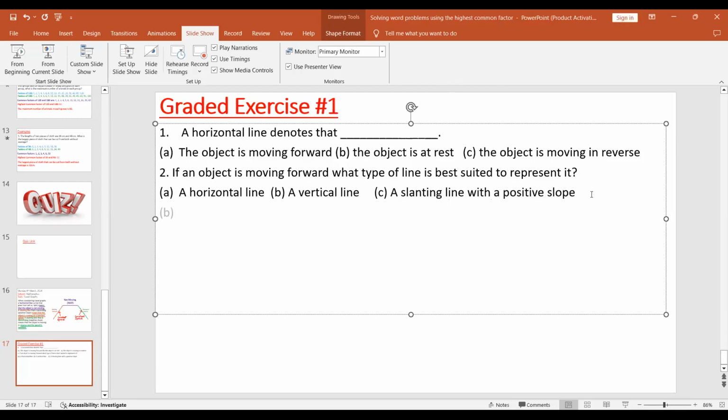And number 3, a slanting line that is descending.